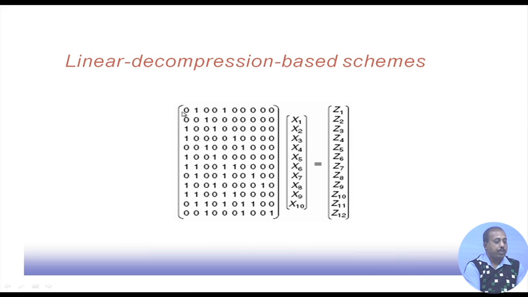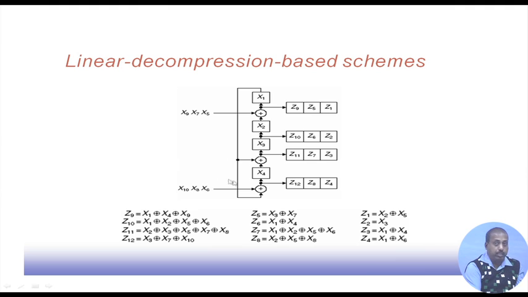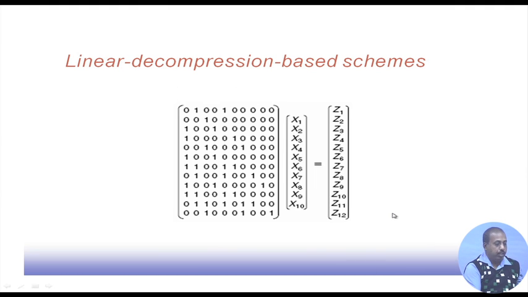This whole operation can be represented by this particular matrix. After doing this analysis, we have found z1 to be equal to x2 XOR x5. In this matrix, these two bits, x2 and x5, are 1, and the rest are all 0. So when you do a multiplication, x2 XOR x5 becomes equal to z1.